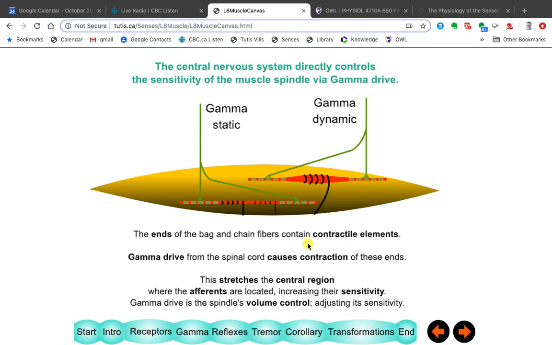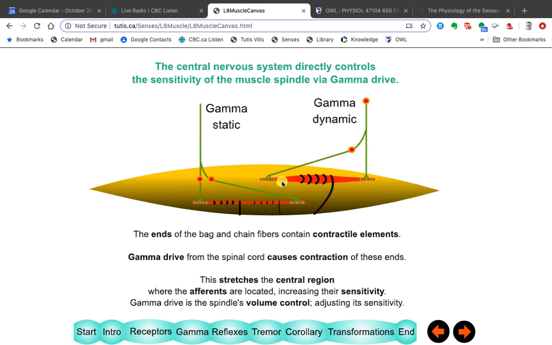You can make them more or less sensitive. And the thing that adjusts the sensitivity or the volume is this gamma static and gamma dynamic.